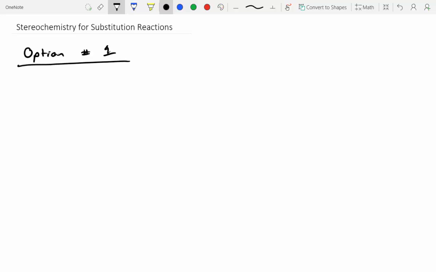In option number 1, I'm going to do an SN1 reaction. The first thing I want you guys to do is name our starting material, and then we have to complete the reaction using arrow pushing. So what would this starting material be called?